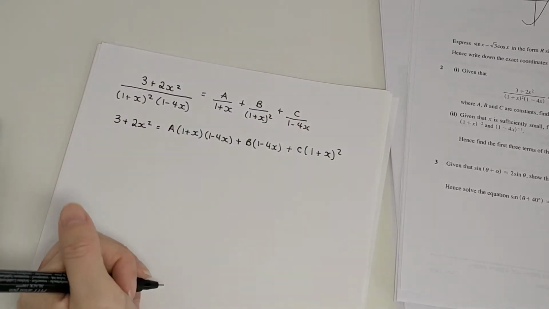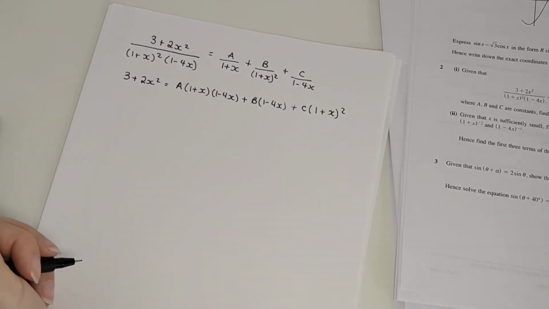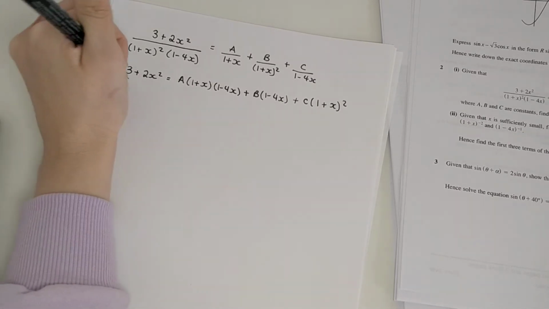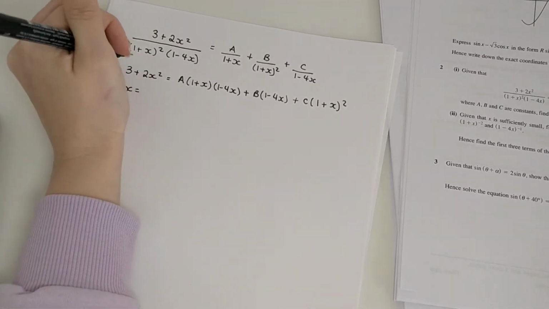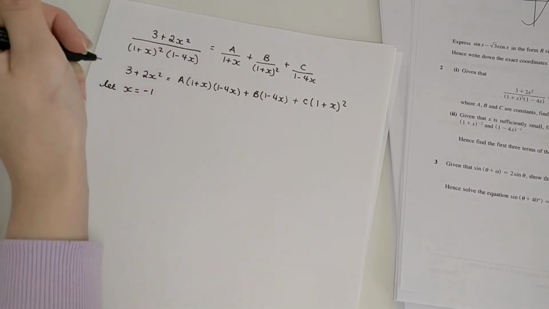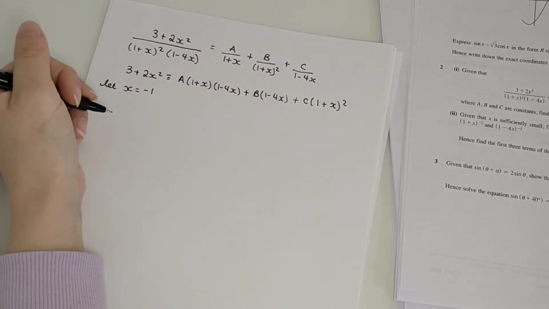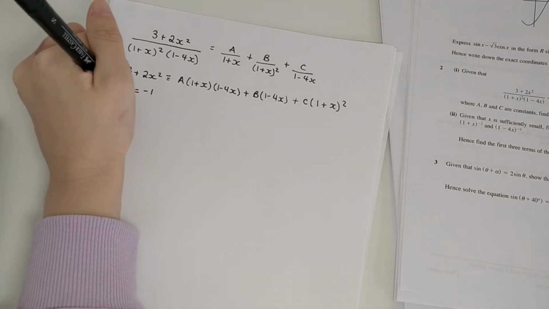And hopefully I have done that right. Okay, so let's say let x equal minus 1. This is an identity, by the way. It's always true. So let x equal minus 1.